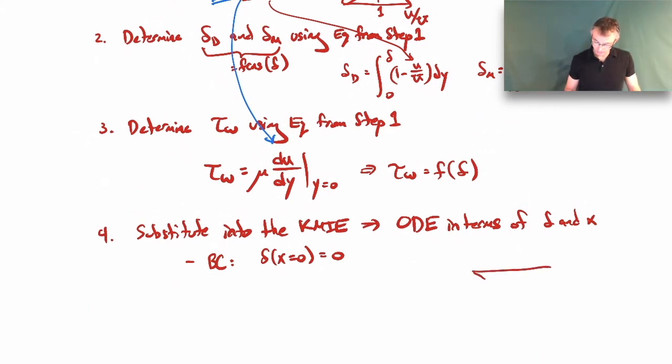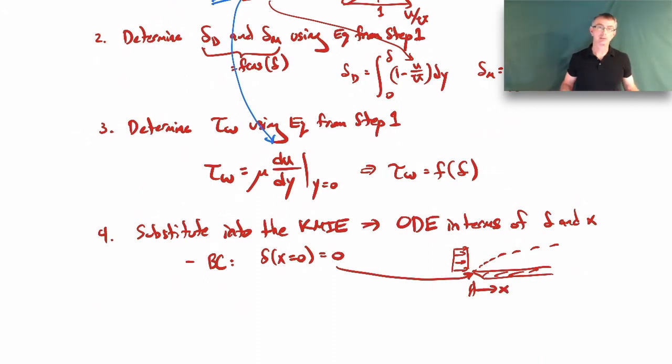That goes with the idea that if you've got an incoming flow that's nice and uniform when it hits, the boundary layer thickness right at x equal to 0 is 0. So that's what we normally use as a boundary condition. You don't have to do that. If you're analyzing some other special situation, you could change that boundary condition.